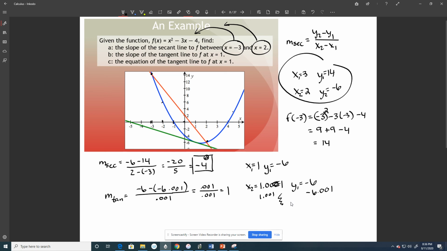Except for, where are we? Do we have our negatives right? No, we're at a negative, because our slope is going down. So we've got a sign somewhere wrong, right? What did we do? We did negative 6 minus our negative.